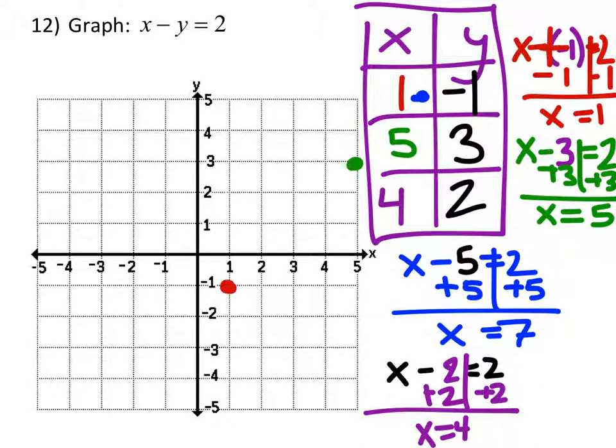So that's 4, 2, which would be this point. And we can kind of see if we were to connect these, it has a pretty nice slant to it. Like this. And yeah, eventually it would get up to that point 7, 5.